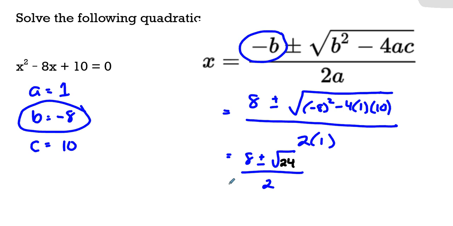So when we work that out, remember, we've got a plus or minus here. We're coming up with 2 different numbers. We're doing 8 plus the square root of 24, divided by 2. I just have to do that out real quick.